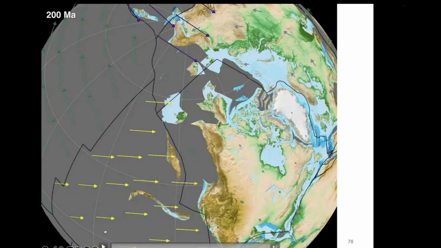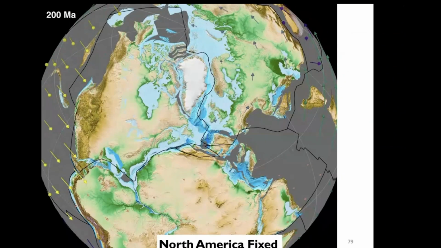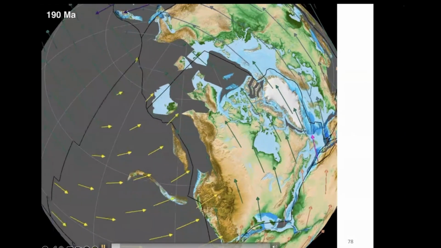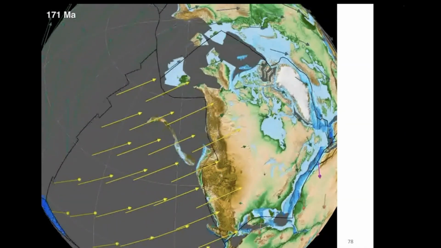So here we go, the first one. 200 million years ago. So you're creating some terranes there in North America.